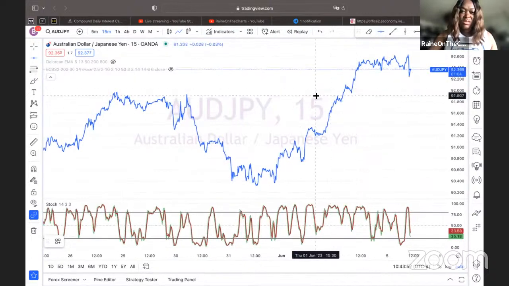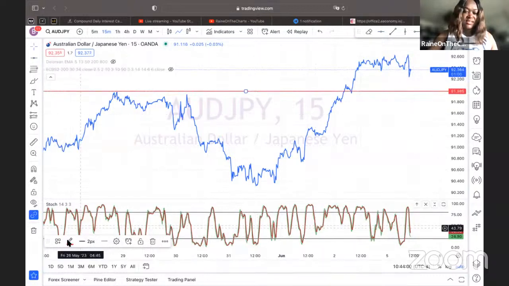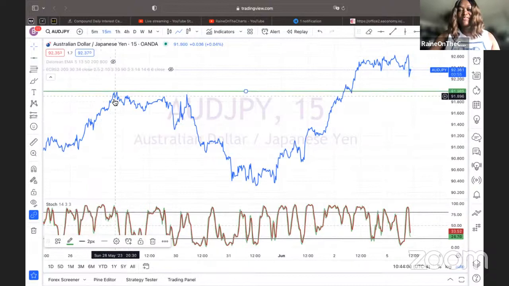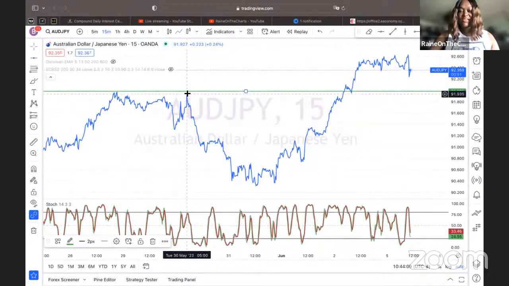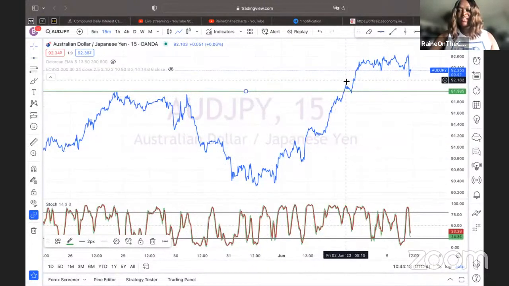Let's change that to green. So this was a level of resistance. It hit here, it hit here again, came down. It broke through, kind of, did a retest here.